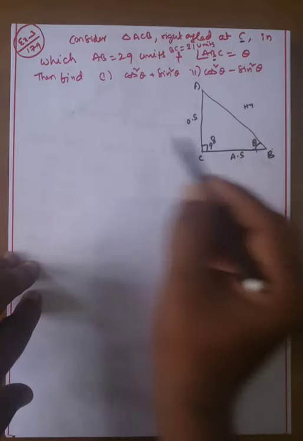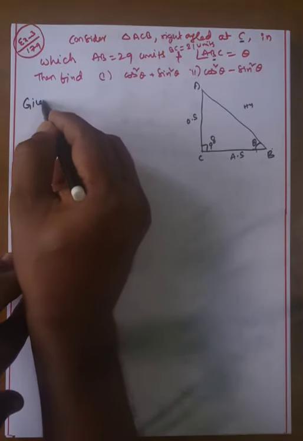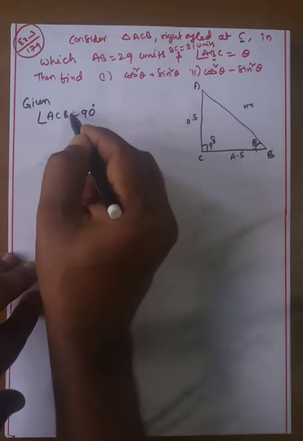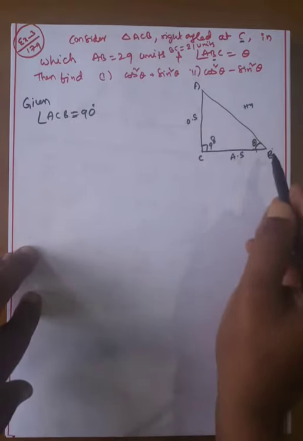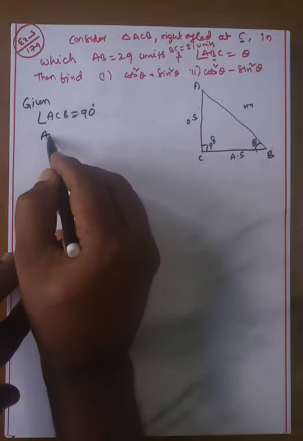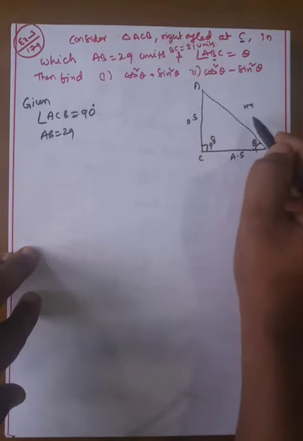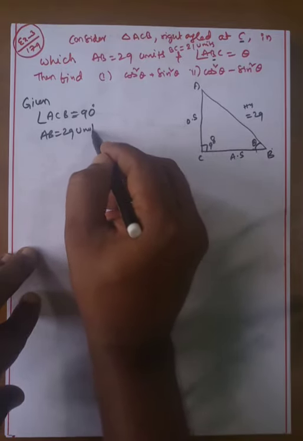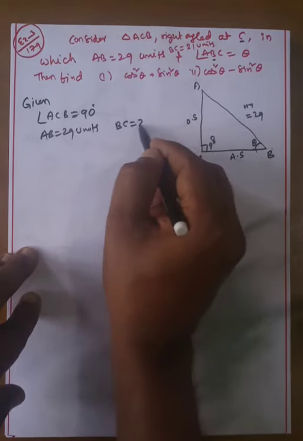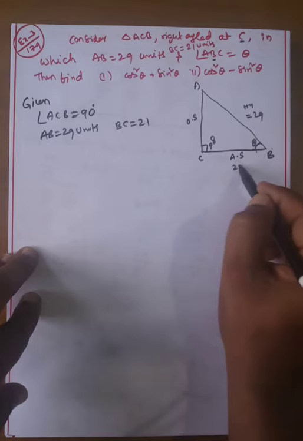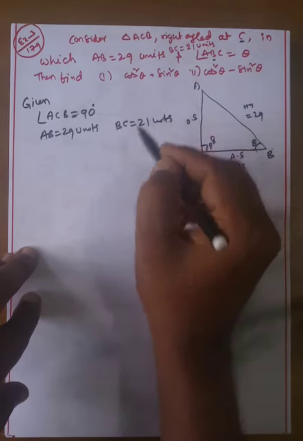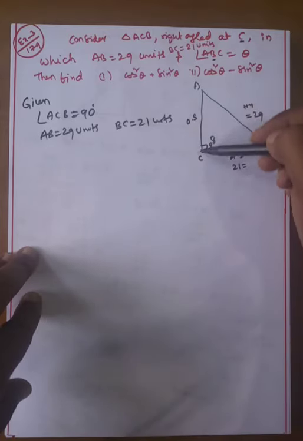Angle ACB is equal to 90 degrees. Next, AB is equal to 29 units is given. BC is equal to 21 units is given.